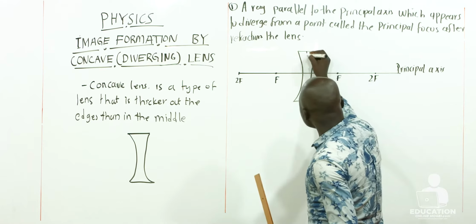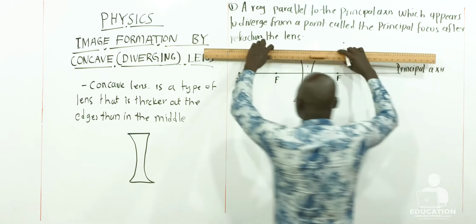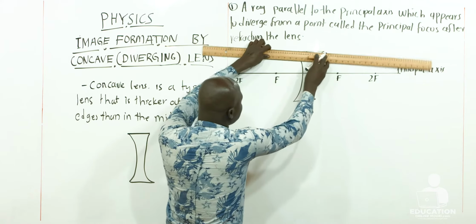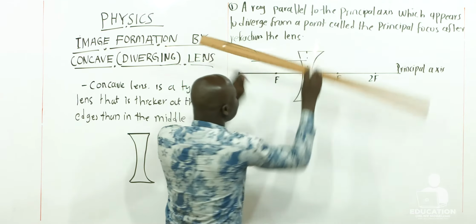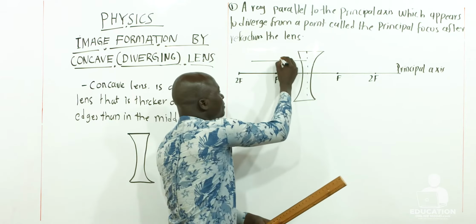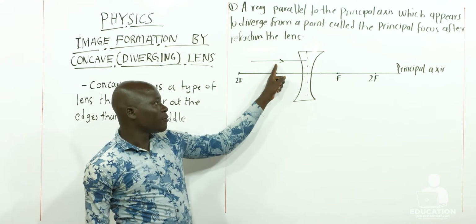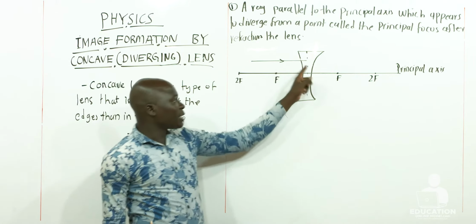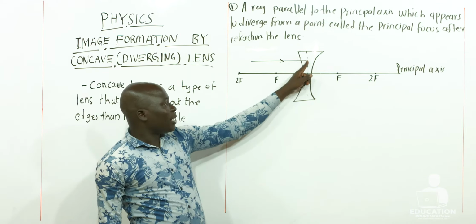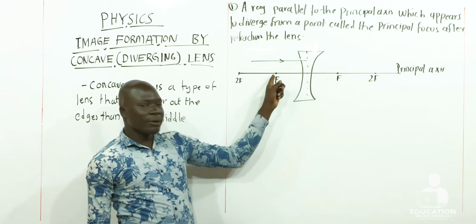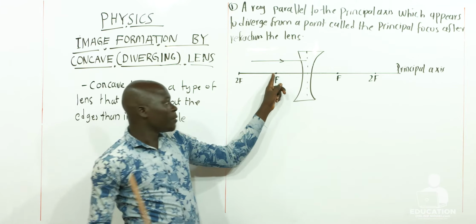So now we shall consider a ray which is parallel to the principal axis. With ray diagrams, we indicate it with an arrow which shows the direction of propagation of rays. So when this ray touches the lens, it is going to diverge. And when it diverges, it will appear to be coming from a certain point called the principal focus found on the principal axis.